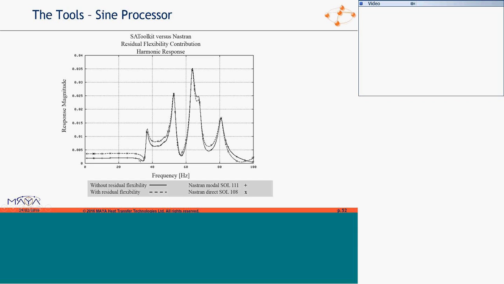So you can see that off resonance, we're under-predicting the response with solution 111 without residual flexibility. With the residual flexibility, this dashed line follows the Nastran solution 108 pretty clearly. It has the benefit of a direct analysis in the modal domain with extra residual flexibility components.